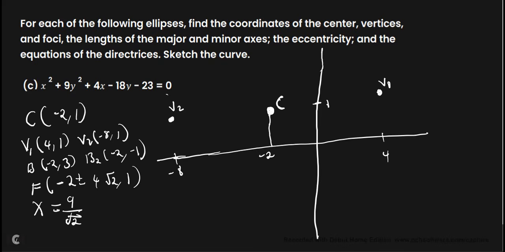Then the next thing is the co-vertices. It's negative 2 comma negative 1 and negative 2 comma 3. So go down somewhere, I'll take this part as your 1.